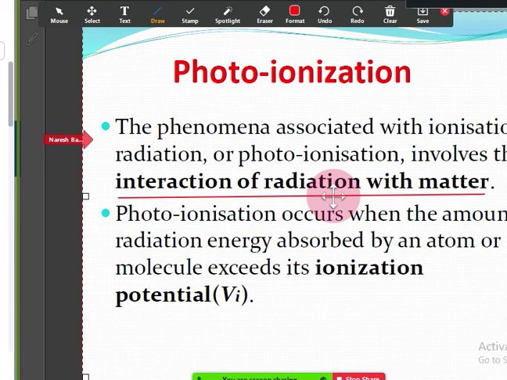Matter means the physical substance, whatever is there, that is called matter, or atoms. So the atoms will interact with the radiation. So that's why it is called photoionization.